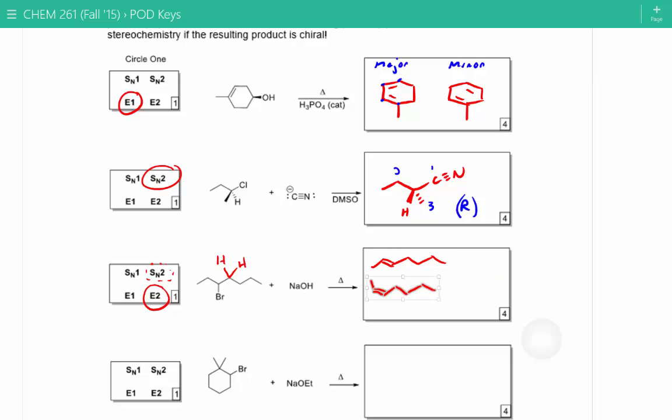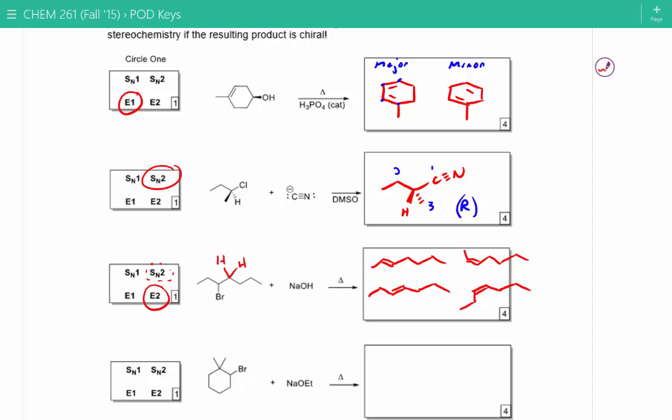So let me actually slide this over a bit. So we've got those 2. And then if we grab the other set of beta protons, we would end up with the double bond on the next carbon over, or we could end up with the cis product as well. All right, so we end up with 4 different E2 products.